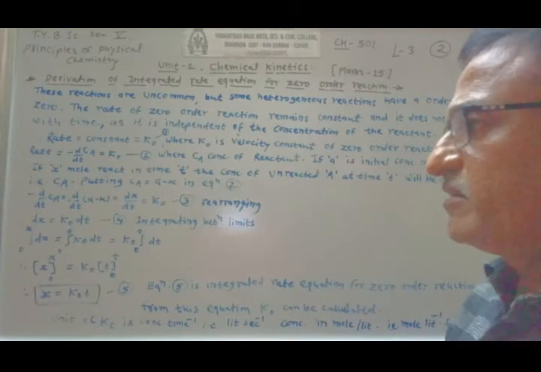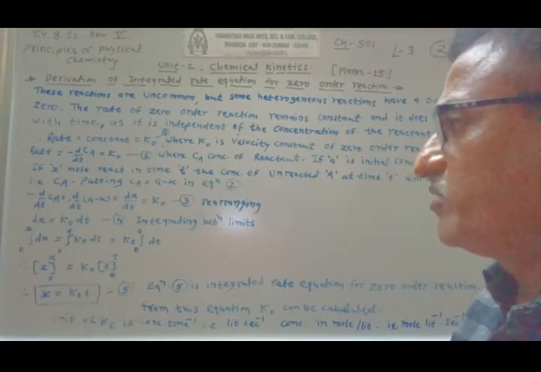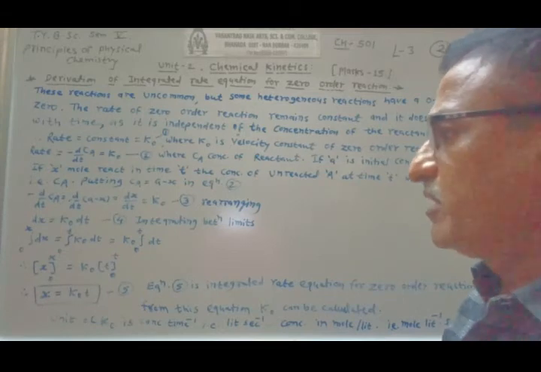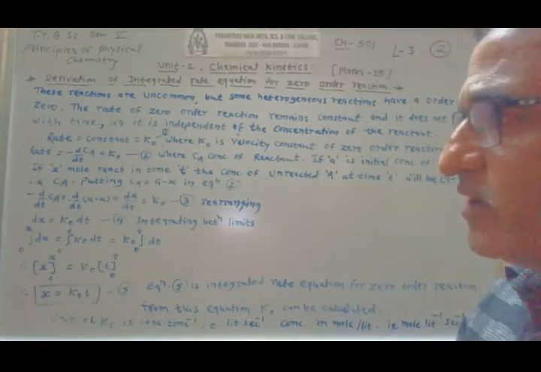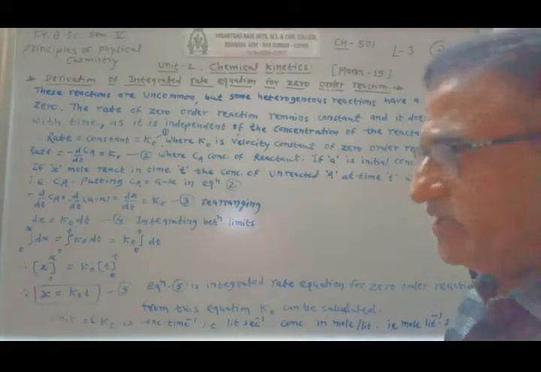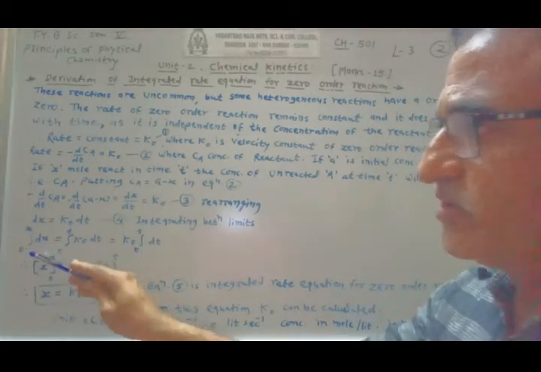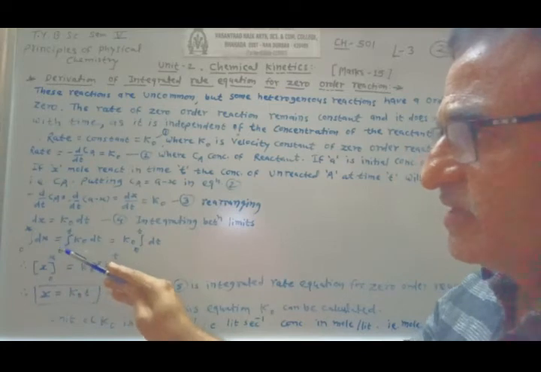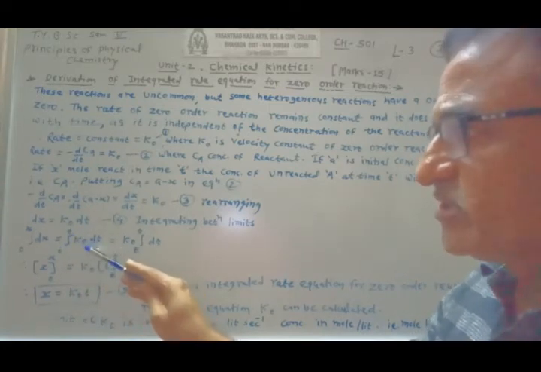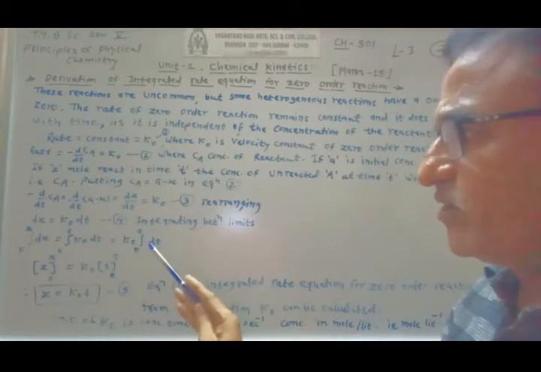Now to get the final integral form, we integrate equation 4 between the proper limits, that is for dx from 0 to x and for dt from 0 to t. So the integral from 0 to x of dx is equal to the integral from 0 to t of K0 dt. K0 is constant, so taking it outside the integral.